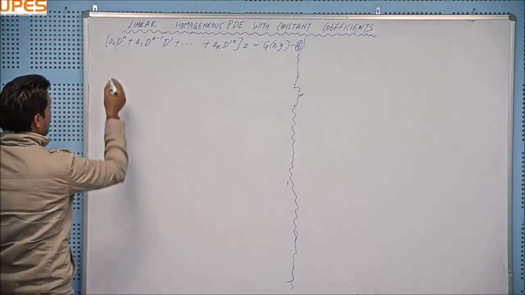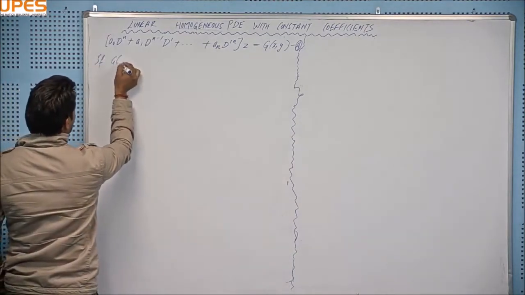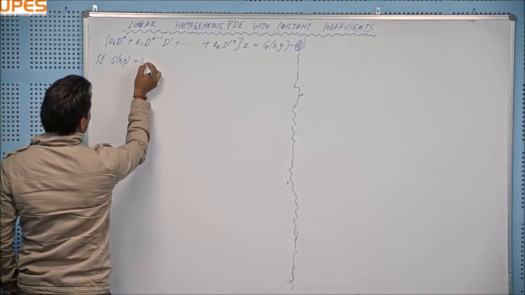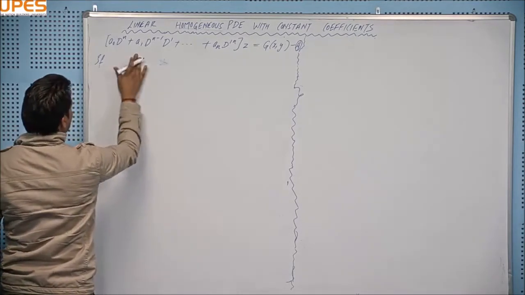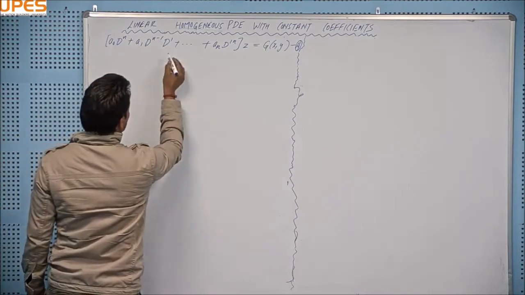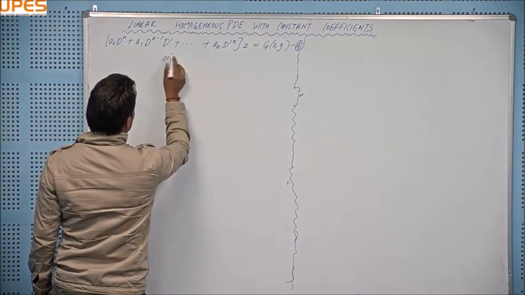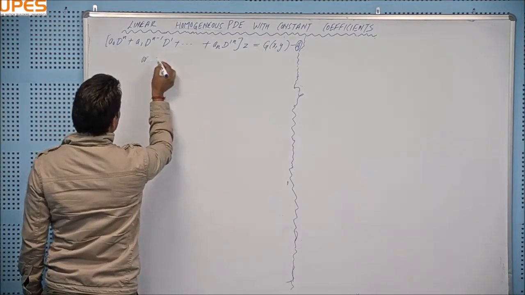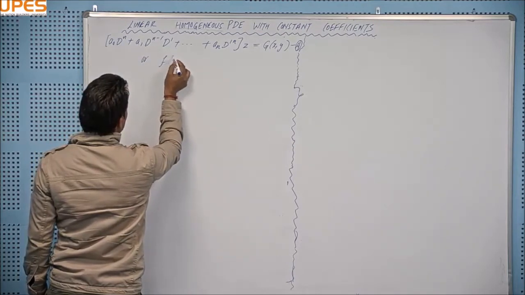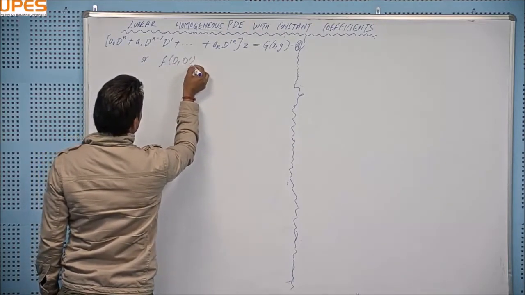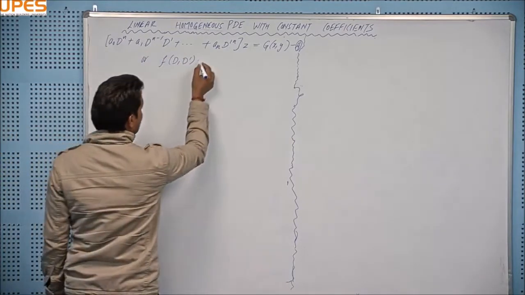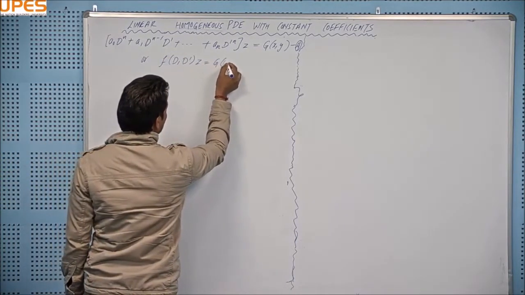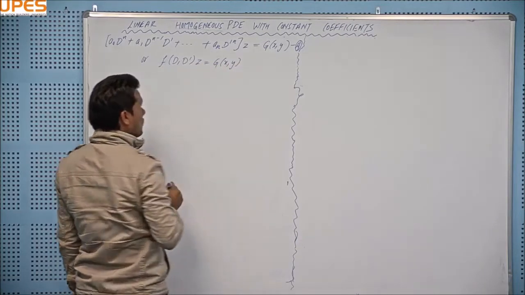We discussed the case when g(x, y) was 0. Or I should write it as f(D, D') for this whole operator, operated on z is equal to g(x, y).